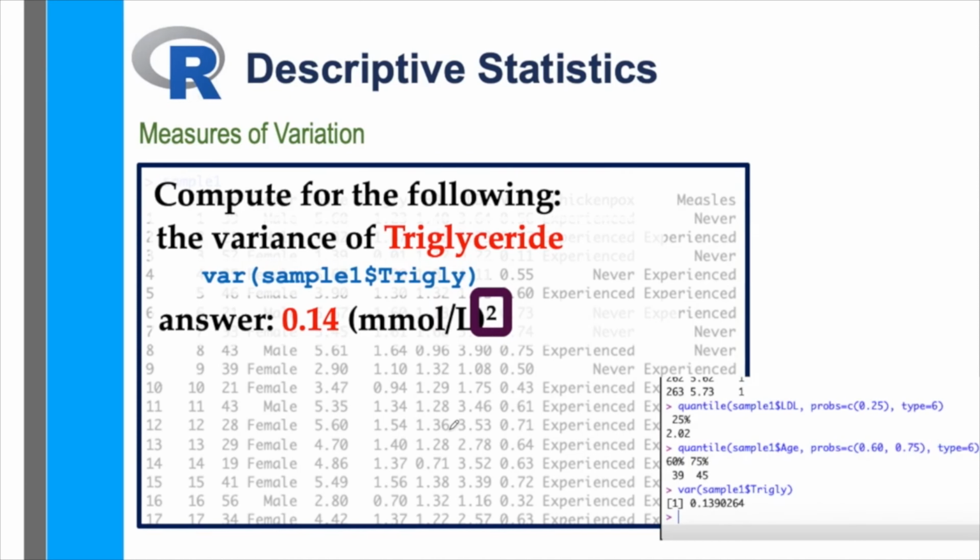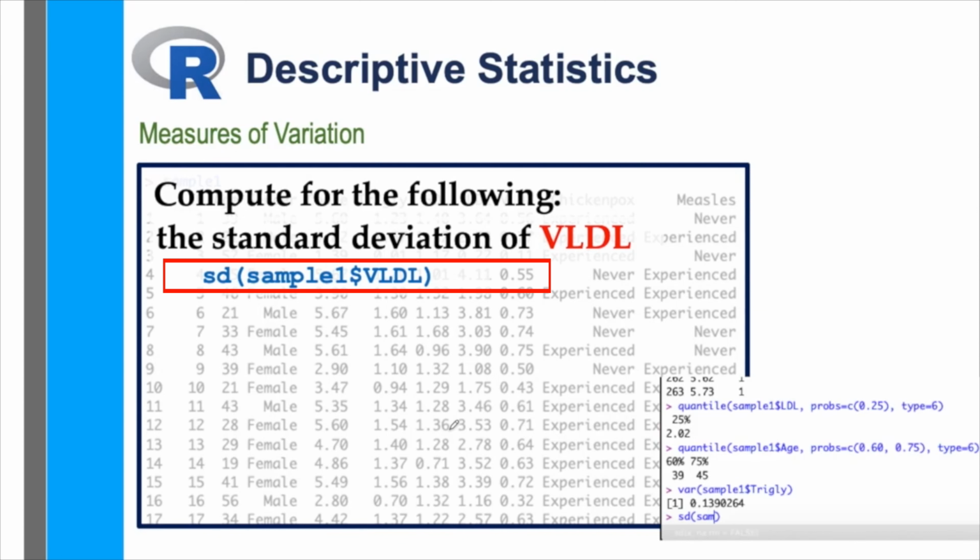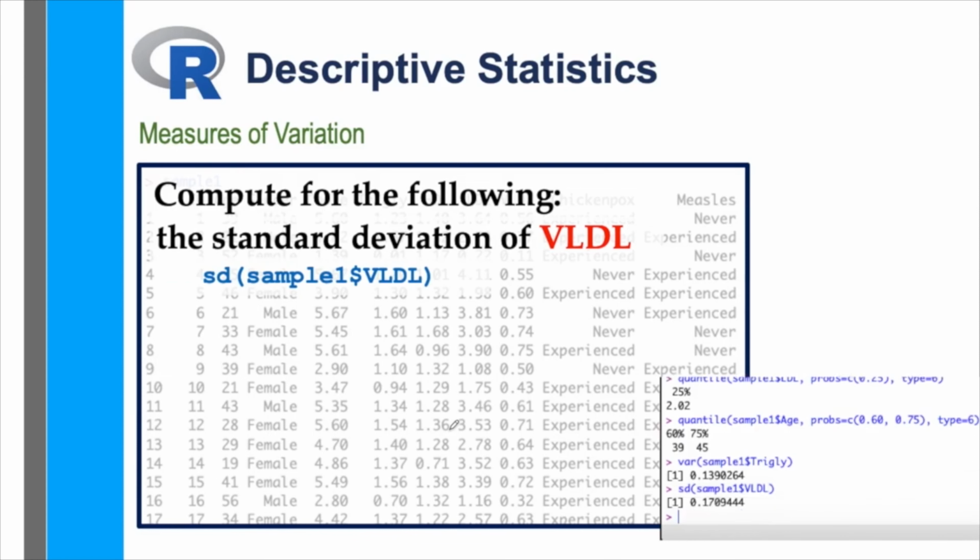Again, variance is squared, so millimoles per liter squared. For the standard deviation, let's say of LDL, that is sd sample1$LDL. So the answer is 0.17. Again, millimoles per liter.